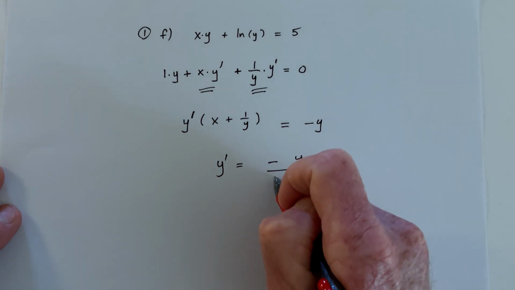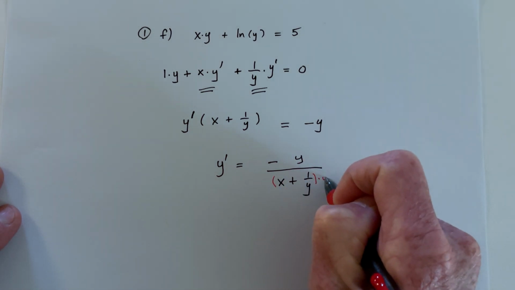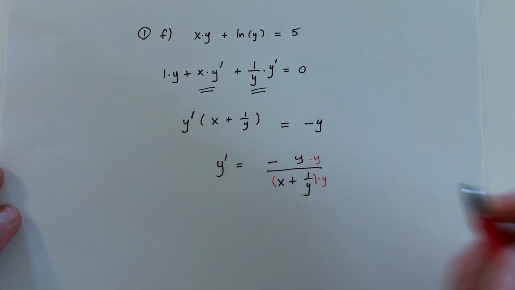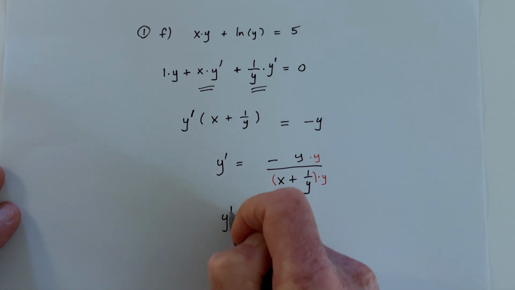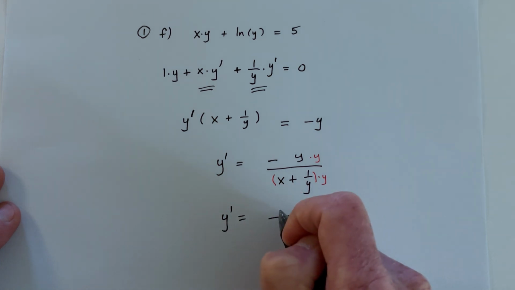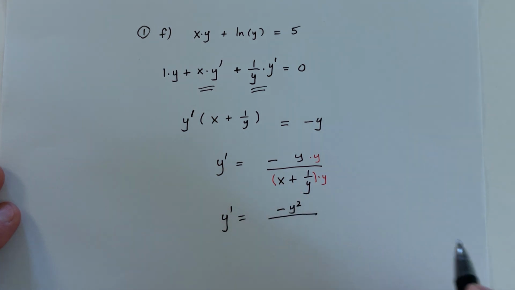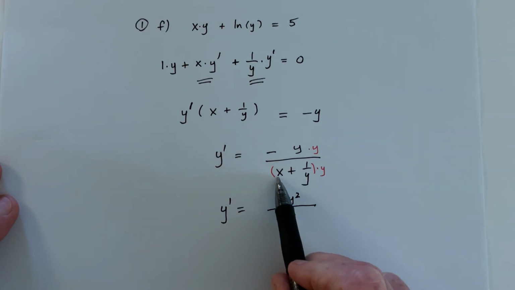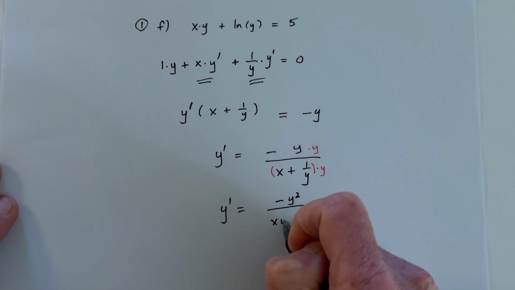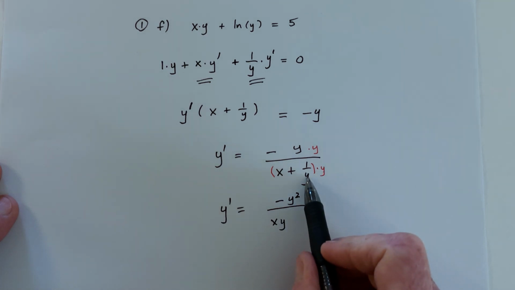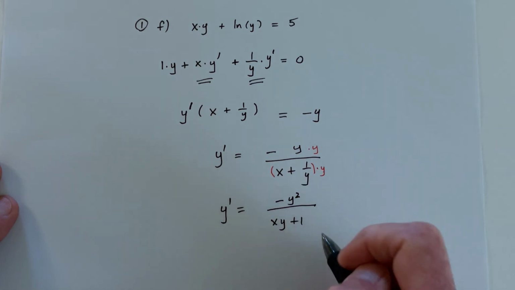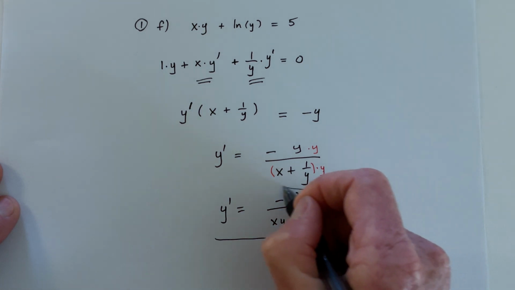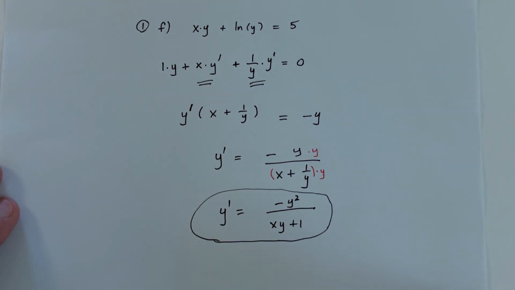So if I just multiply on the top and the bottom by y, that's going to get rid of that complex fraction. So my final answer is going to be, on the top we have negative y squared, and when you distribute, this is going to be x times y, and this would just leave behind a plus 1. And there is the derivative.